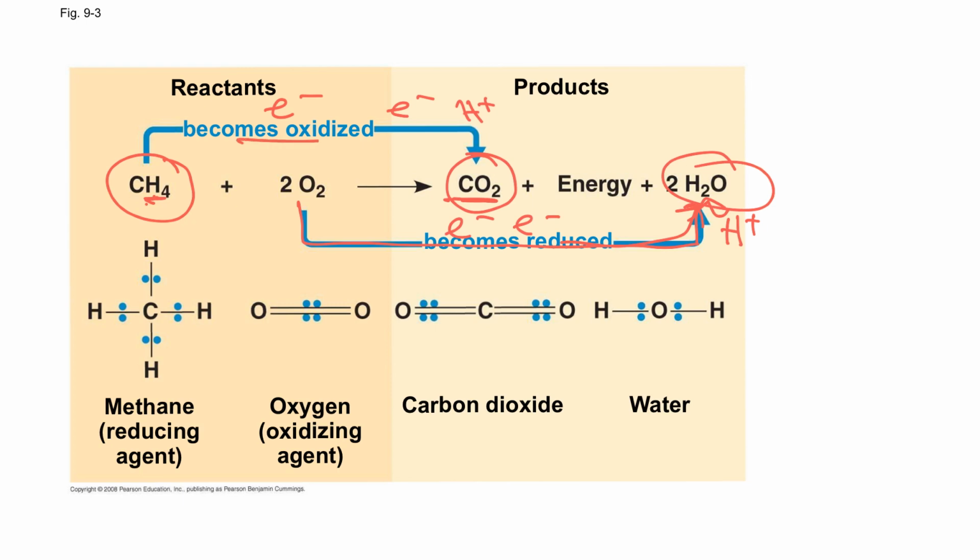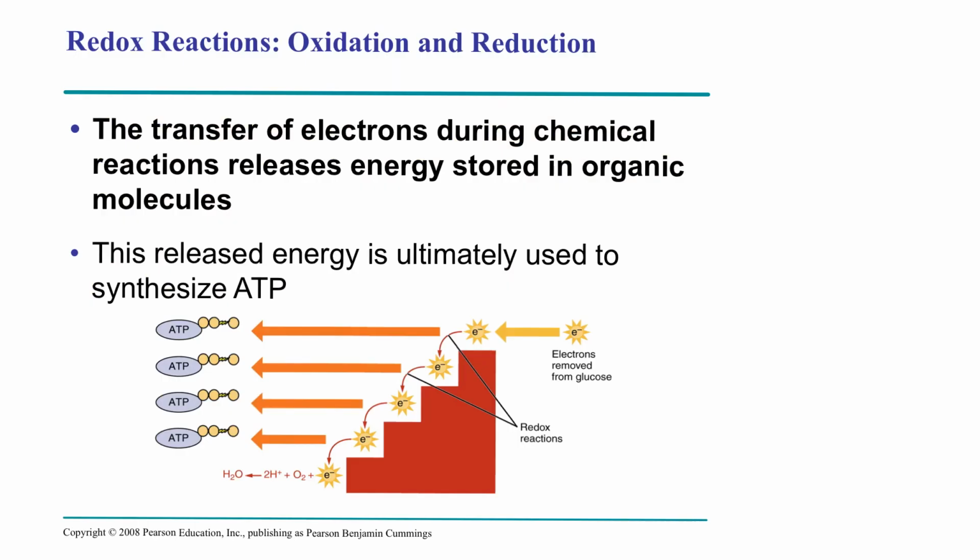So the methane is oxidized and the oxygen is reduced. And remember, oxygen is an oxidizing agent. It itself is reduced, and I can see this because I'm following the hydrogens to see where the electrons go. So it's all about the electrons. I'll boil it down to very simple.